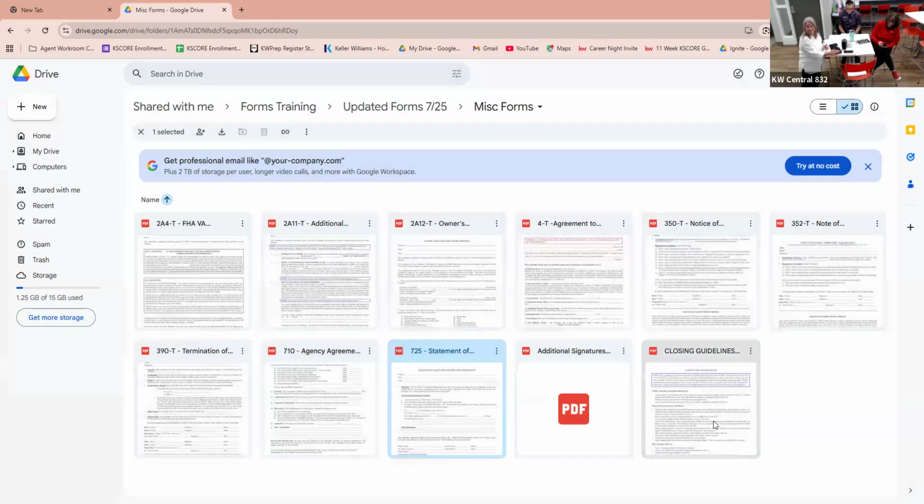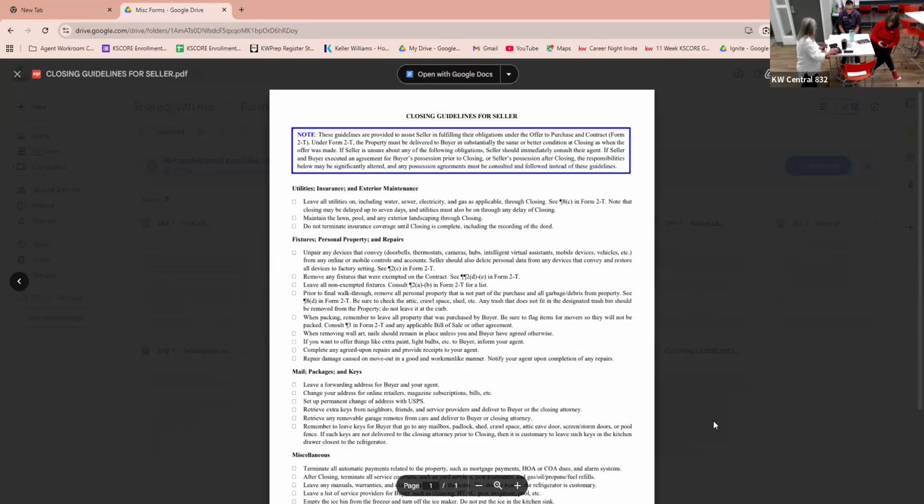Last one that I have is closing guidelines for the seller. This is a handy dandy nifty little checklist that you can take this information, brand it to yourself, put it in your listing packet, and send it to your sellers as part of the settlement party packet.